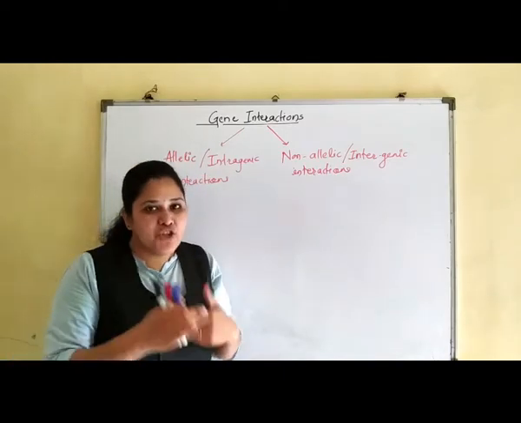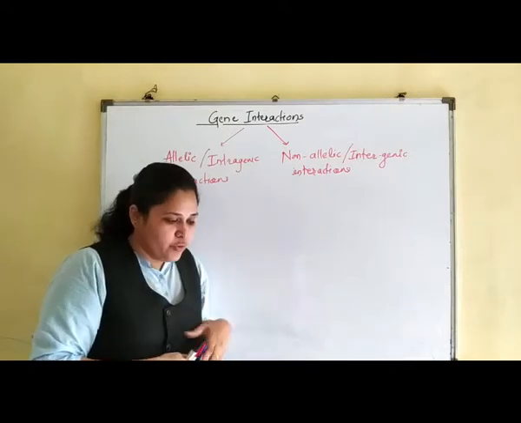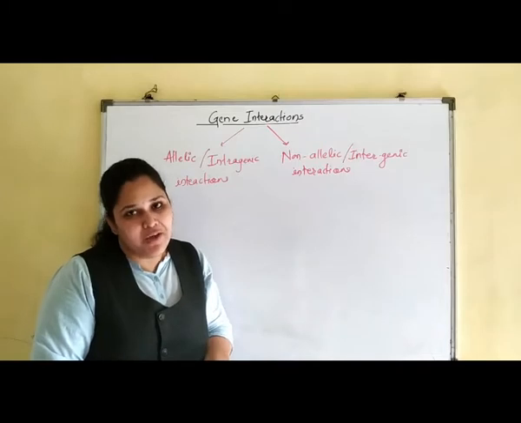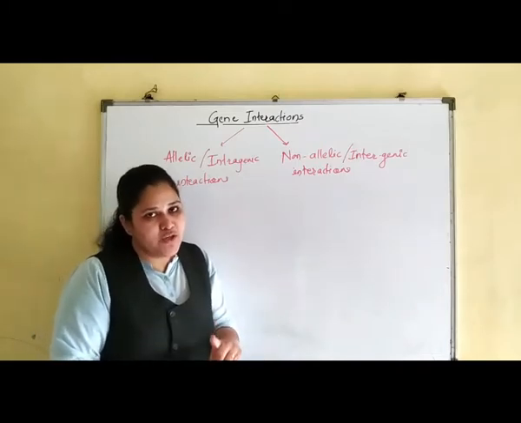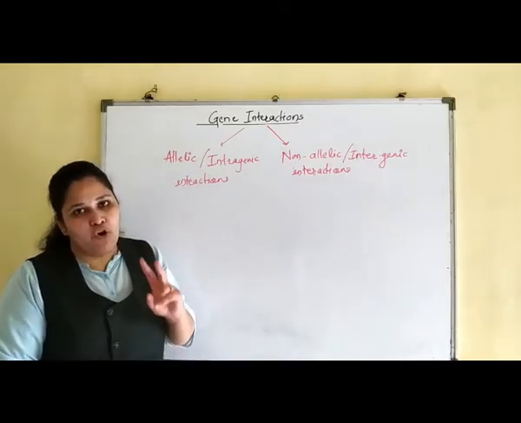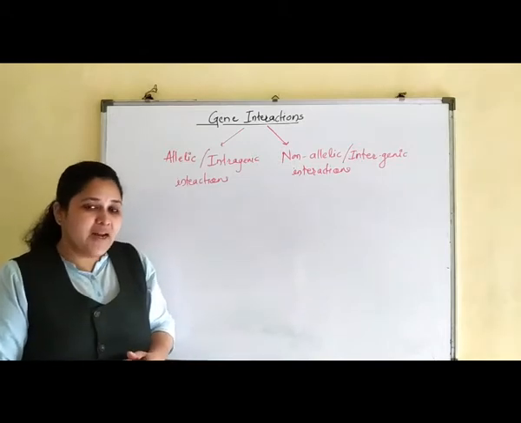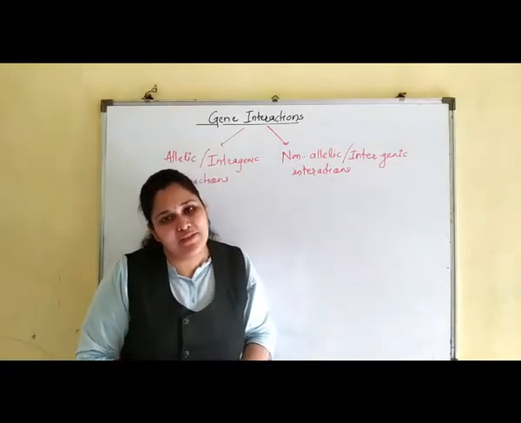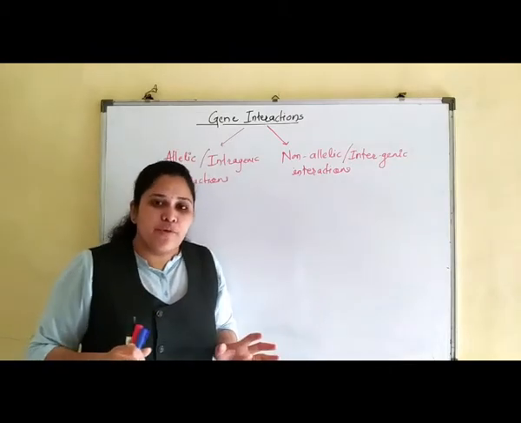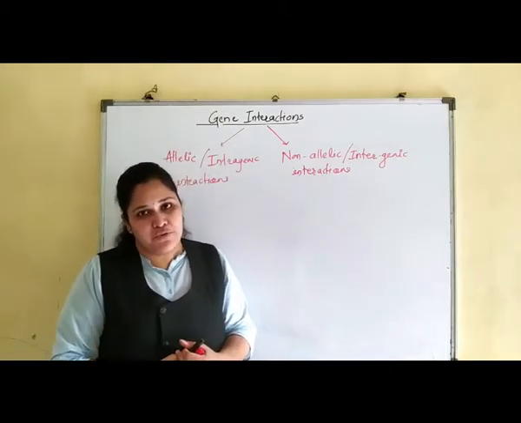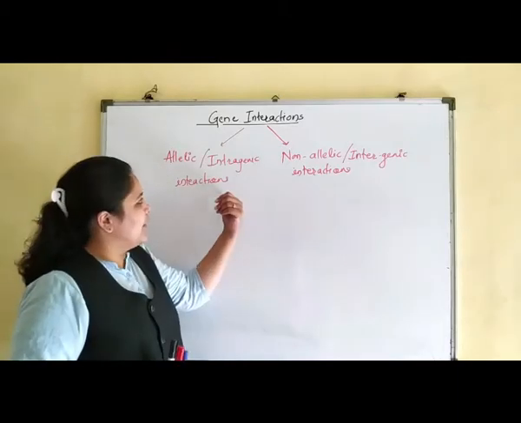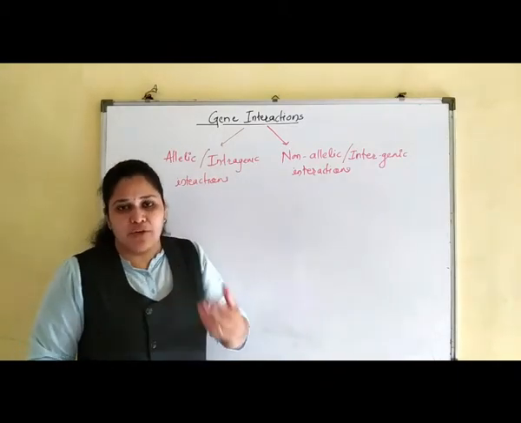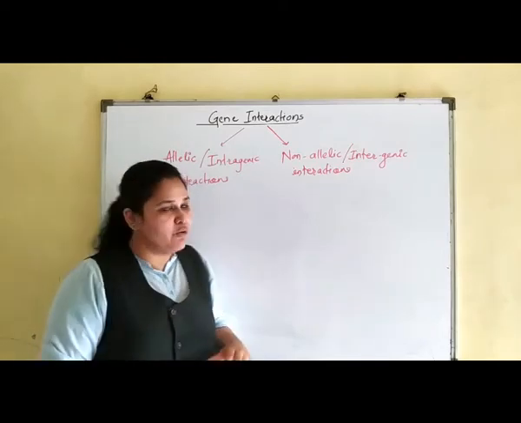Usually one gene has two alternative forms, but there are many genes which have more than two alleles. We will see in what way the phenotype of such offspring is determined, because those alleles interact among themselves to give rise to a particular phenotype.